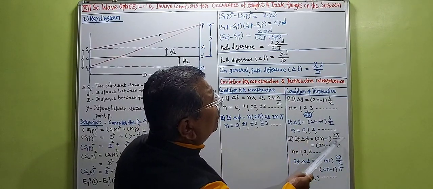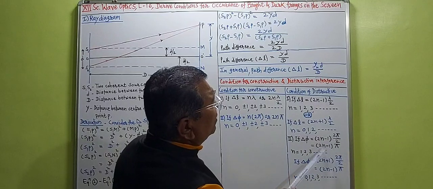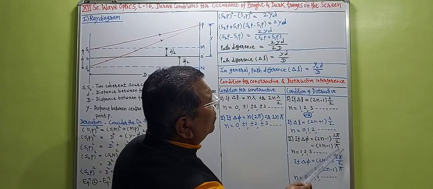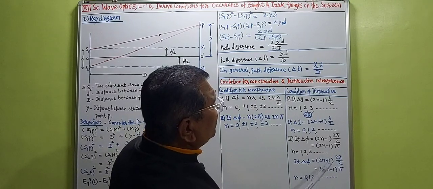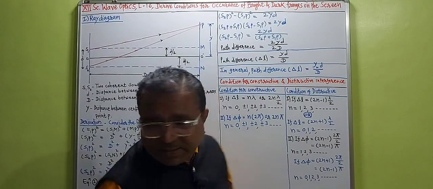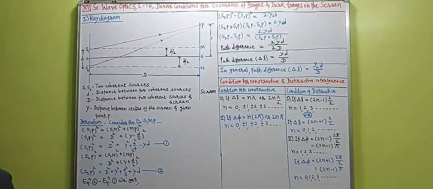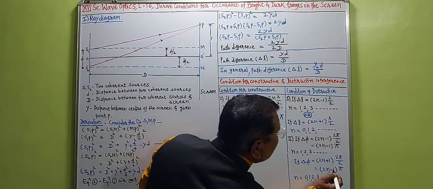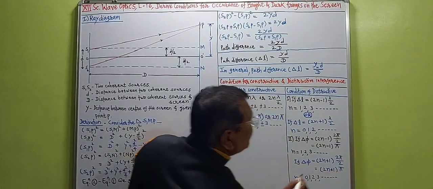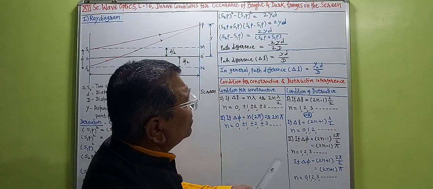Instead of lambda we get 2 pi, the 2 gets cancelled, and you will get (2n minus 1) into pi. Here (2n plus 1) into pi, the plus sign should be there.